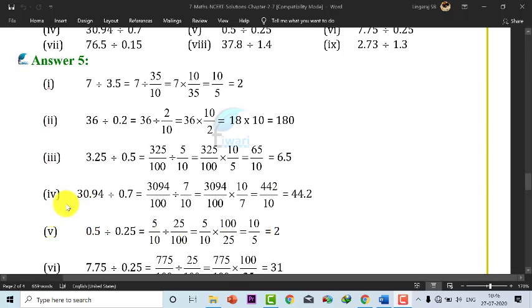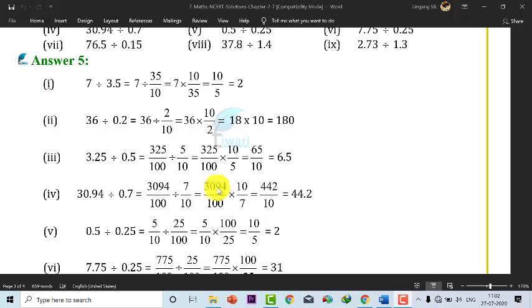Next we move to the fourth question. 30.94 divided by 0.7. The fraction form of 30.94 is 3094 by 100, divided by the fraction form of 0.7, which is 7 by 10. So then 3094 by 100 is the dividend, we can write it as it is, and the inverse of division is multiplication, and the reciprocal of 7 by 10 is 10 by 7.